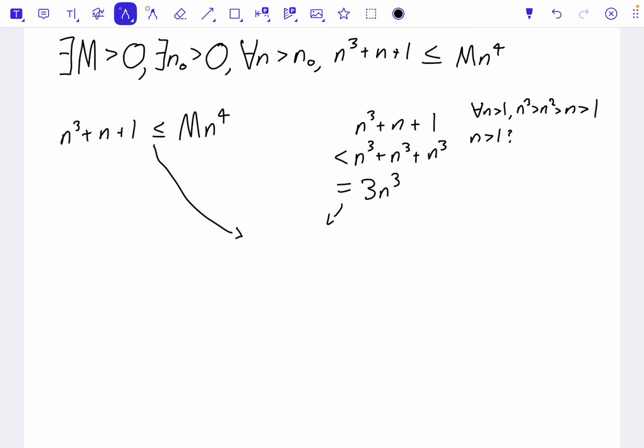So now I have a much nicer inequality. 3n cubed is less than m n to the 4.